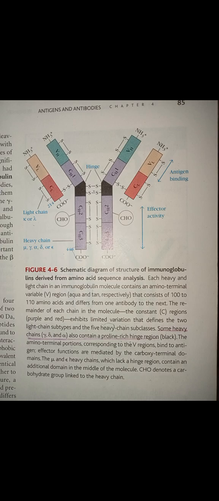So NH3 plus regions, then VL, V heavy, CL. V in the sense variable domain, okay, variable conserved domains.